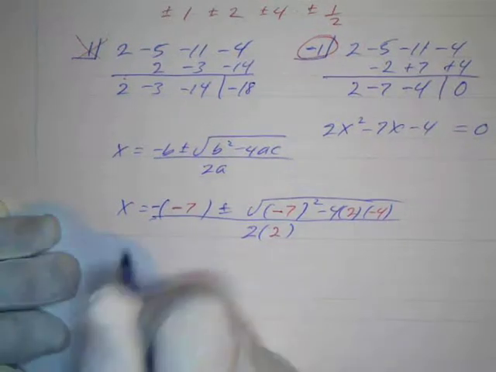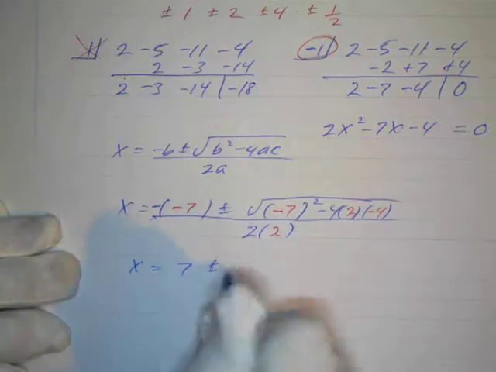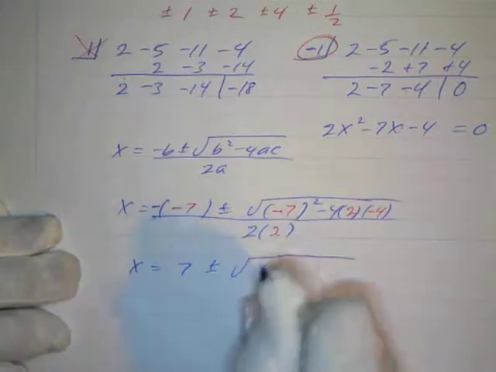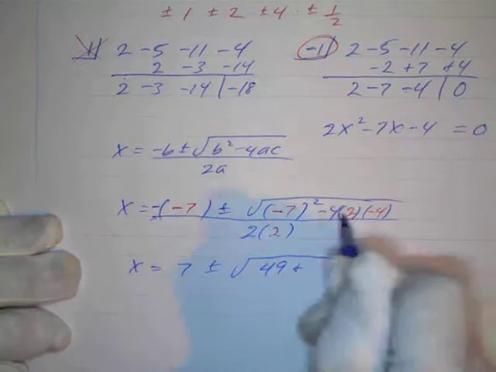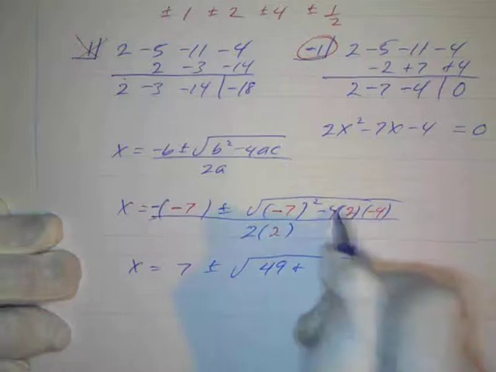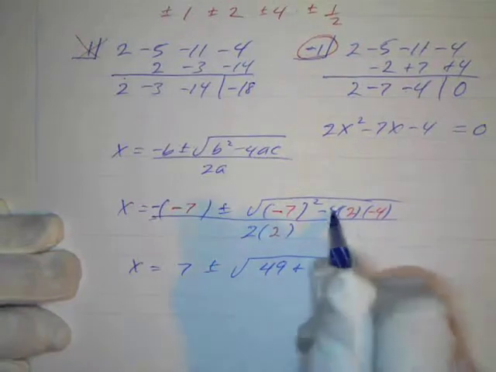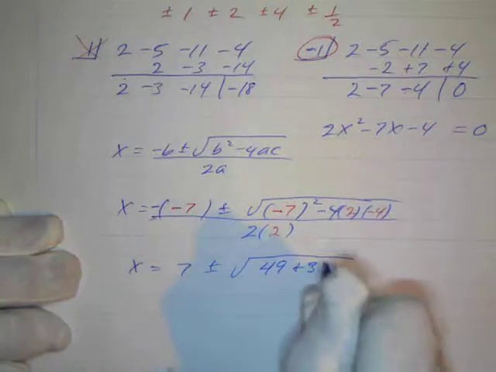Okay, now let's just work that out. That's not too bad. x equals, a negative times a negative is positive, so I got 7 plus or minus the square root. -7 squared is 49. A negative times a negative is a positive. 4 times 2 is 8, 8 times 4 is 32, so that's where I got that.